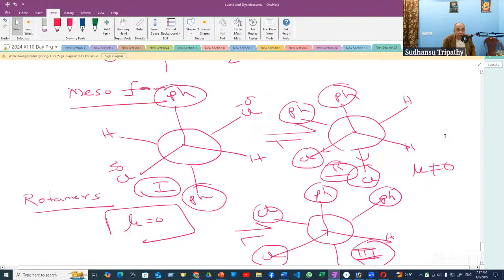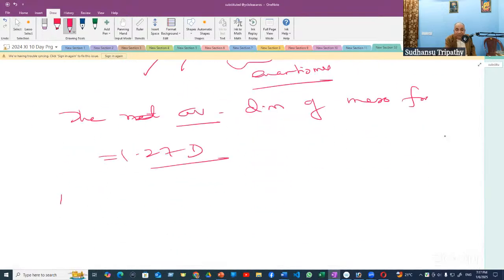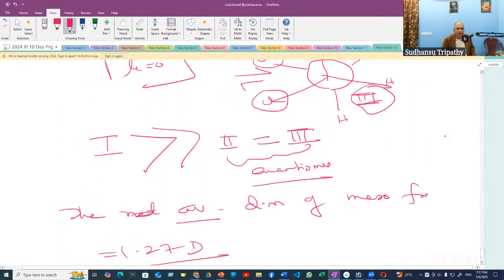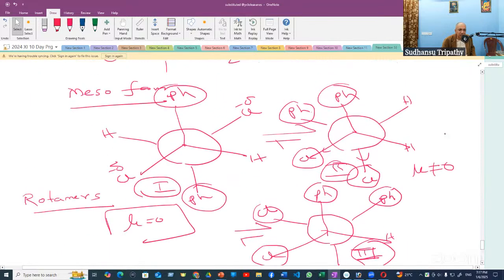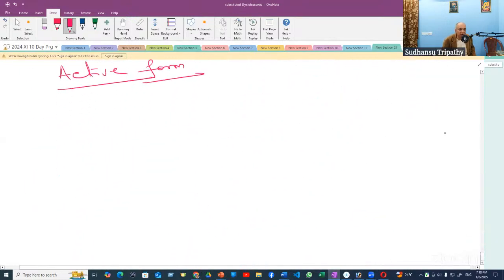So if you make an active form, any active form, whether it is RR or SS, doesn't matter, just make one switch at any chiral center. Supposing I interchange between these two and keep the rear carbon fixed, so that I convert the meso form into the active form.